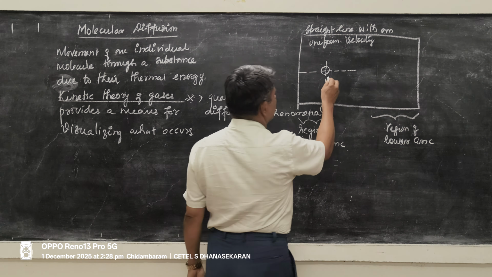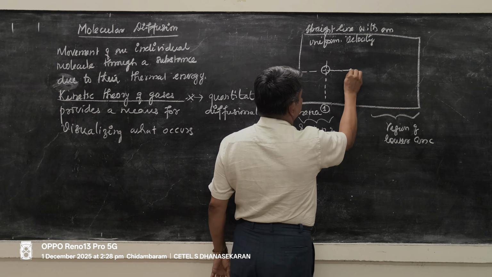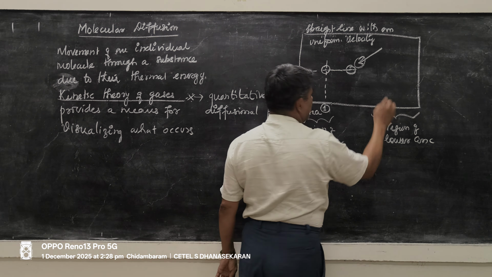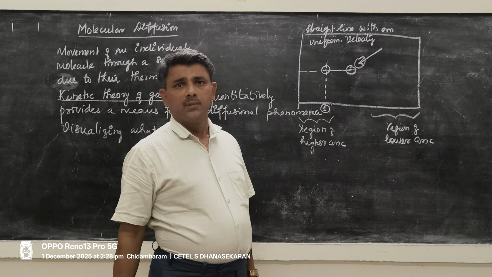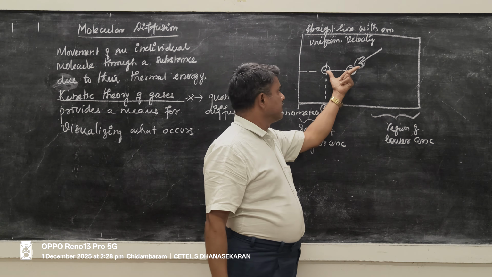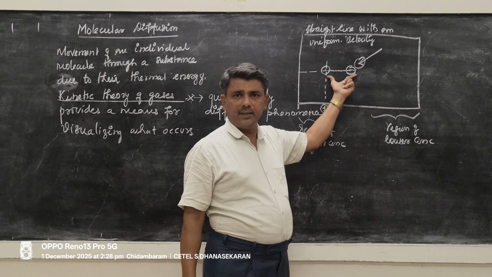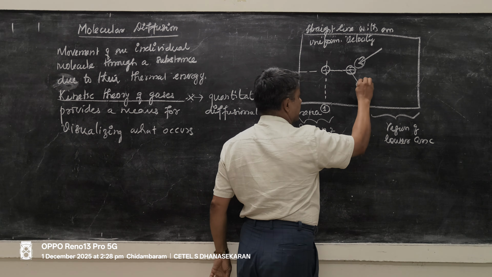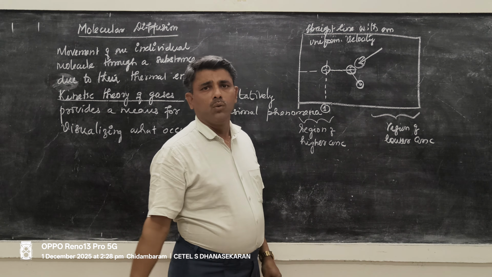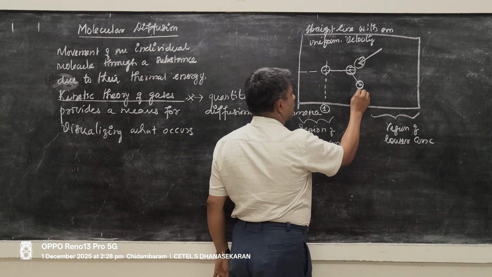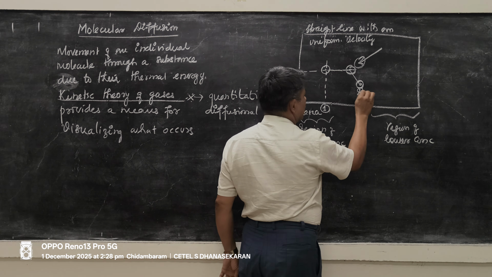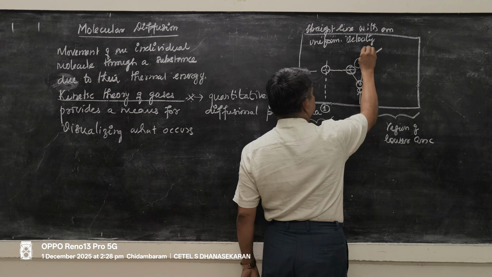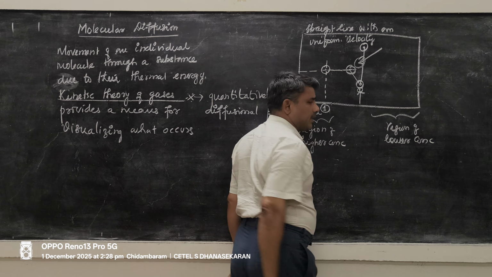Say for example, during its movement, another molecule comes and makes a collision. Upon this collision, the magnitude of the velocity as well as the direction will be changed. Again, one more collision from this side. So its movement, the direction as well as velocity, will be changed.